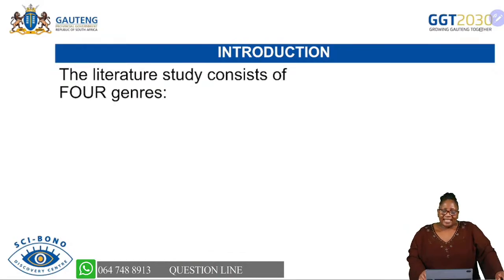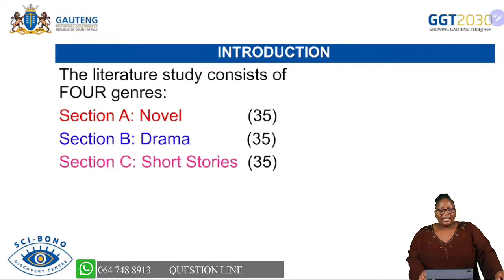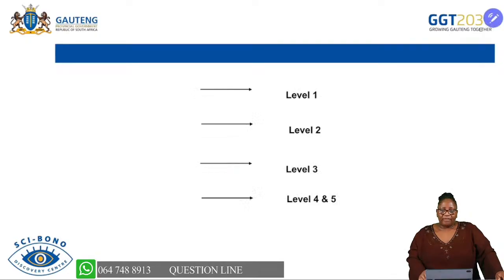In our literature study, we have 4 genres. Section A, novel for 35 marks. Section B, drama for 35 marks. Section C, short stories, 35 marks. And poetry for 35 marks.